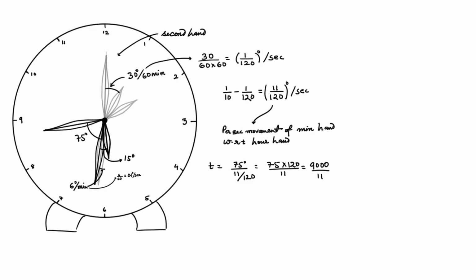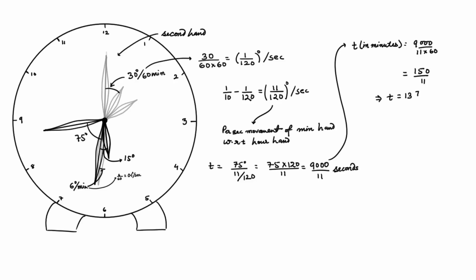So it's 9000 divided by 11. Isn't it looking a little more complicated than it should be? Well, then we will make it simpler by converting these seconds into minutes by dividing by 60, and we will get something like 150 divided by 11, which can also be written as 13 and 7/11.